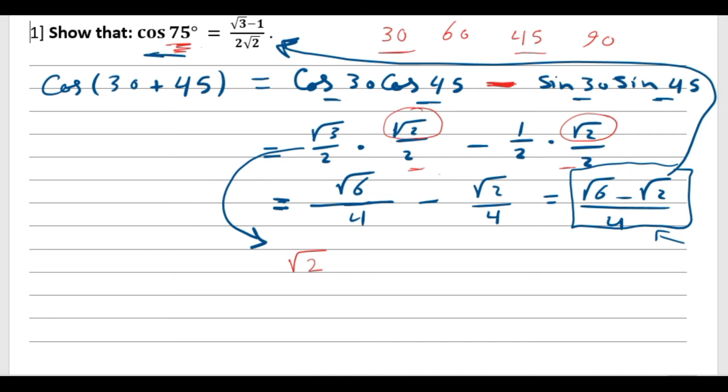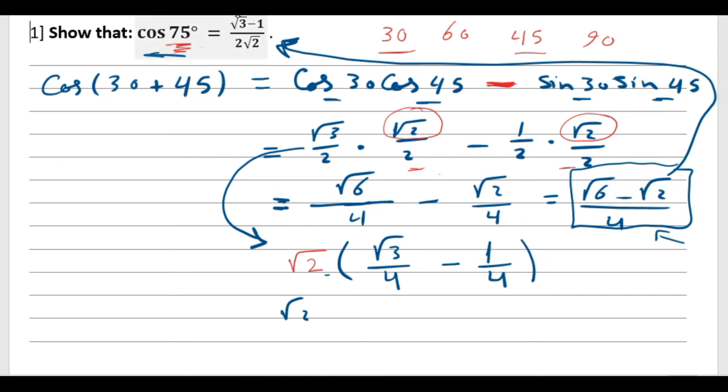So root 2 as the highest common factor, and open bracket, it will be root 3 over 4 minus 1 over 4.